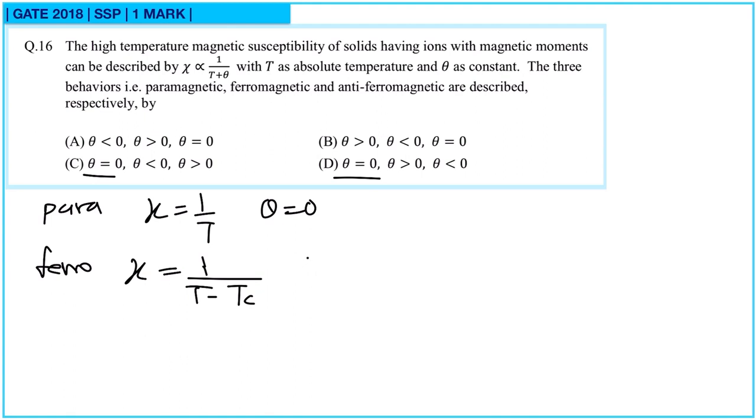Now for the next part, if it is antiferromagnetic, then in that case chi is equal to 1 upon T plus Tc. So these are the formulas for paramagnetic, ferromagnetic and antiferromagnetic. Here this is negative, so theta is less than 0. Here it is positive, so theta is greater than 0. So option C is correct.